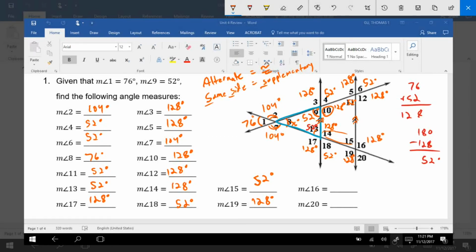Also 128 because it's vertical angles. And if 15 was 52 degrees, then what's 20? It is also 52 degrees because it is vertical angles. Boom, we're done. That was pretty quick, but remember, with the magic of technology, you can always rewind and go back to see if you missed something. And that's the end of number 1.